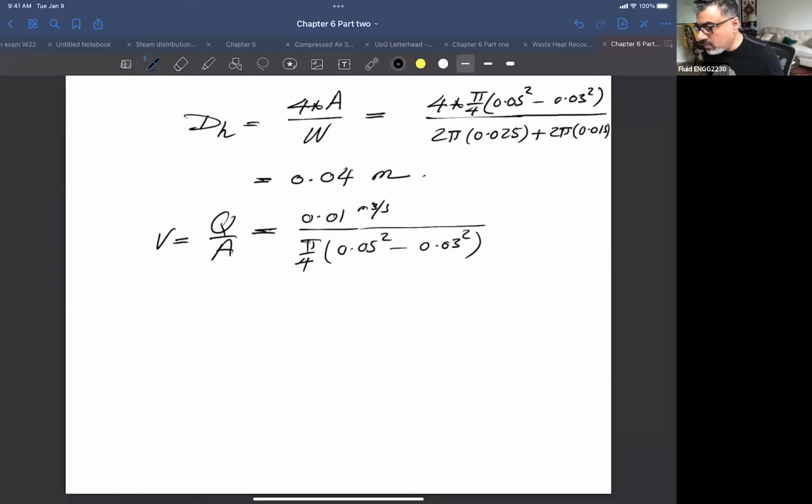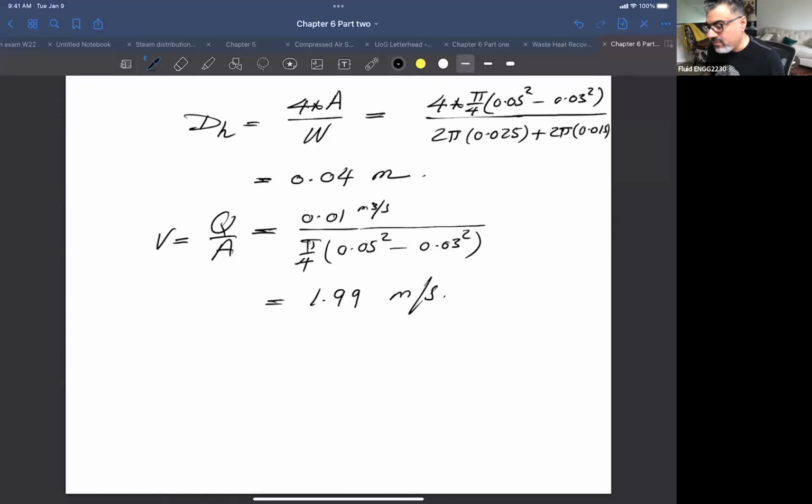I don't know, this is what I have in my calculations. If somebody else can calculate and check this, but I have 0.04 meter as the hydraulic diameter. So velocity here you can calculate from this equation, and this will be 1.99 meter per second.